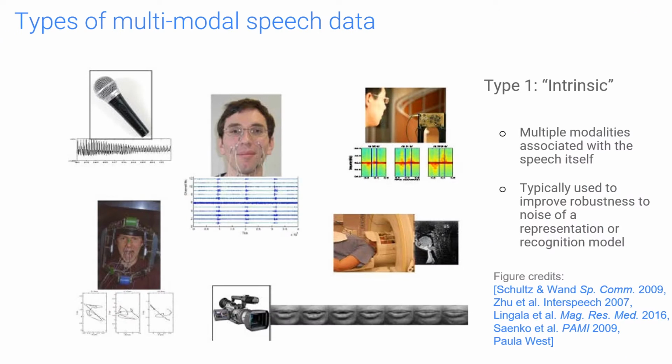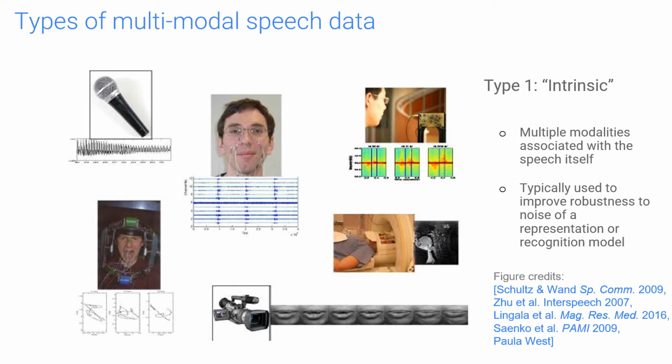For the rest of this section, we'll distinguish between two kinds of modalities. The first are what I'm referring to as intrinsic modalities, meaning signals that are associated with the speech itself. This includes the audio signal, of course, but can also include images of the speaker's lips, as well as more exotic modalities like articulatory trajectory measurements, muscle activations, MRI recordings, ultrasonic signals, and so on.